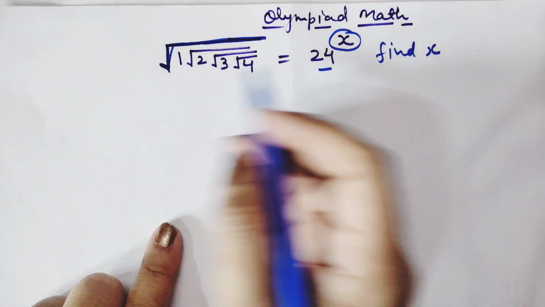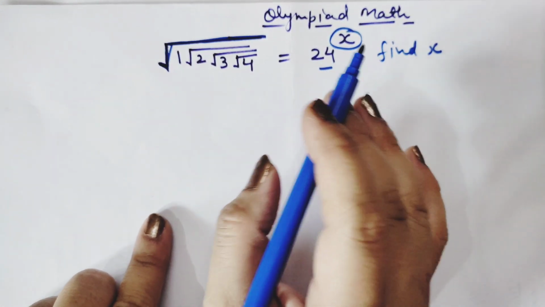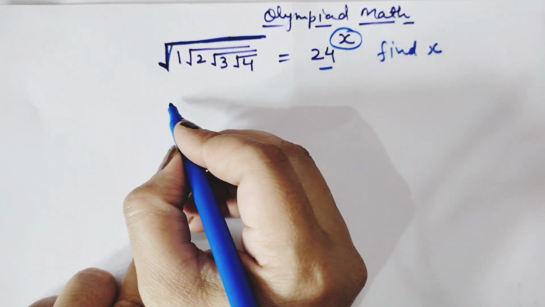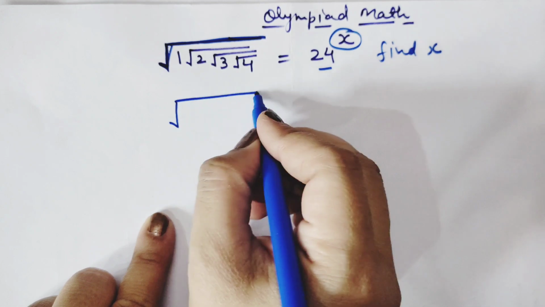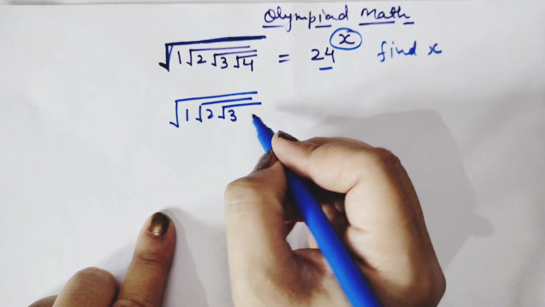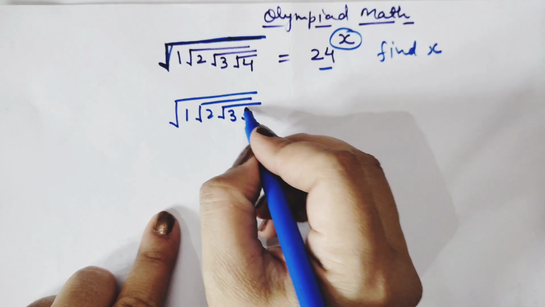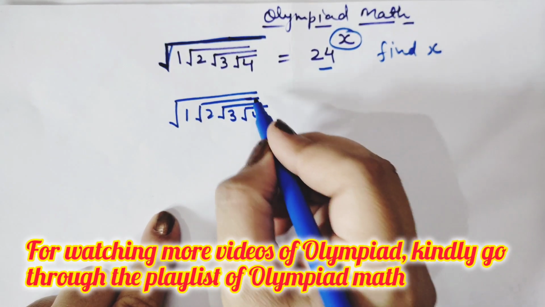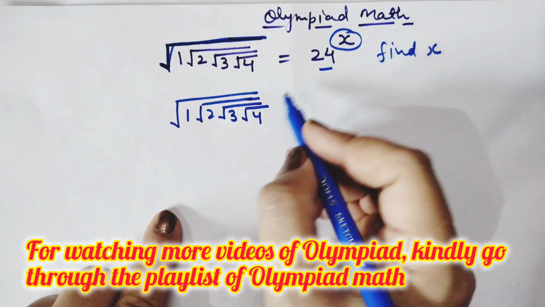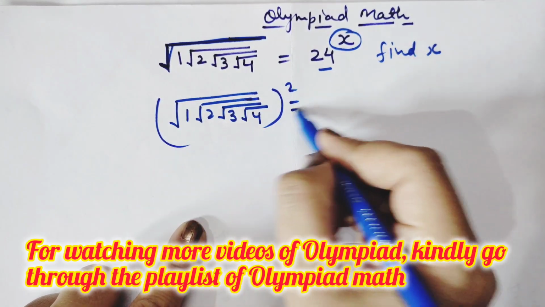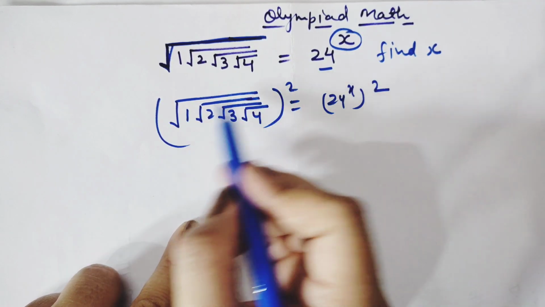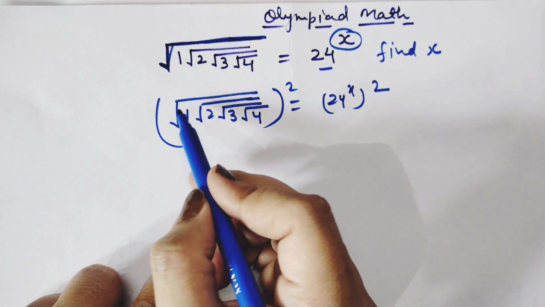First of all, we will square both sides, left hand side and right hand side. On the left we have root of 1, root of 2, root of 3, then inside it root of 4. So it is root over root, continuous. When we square both sides, the square cancels out the first root.